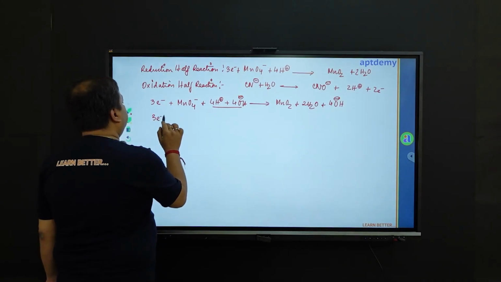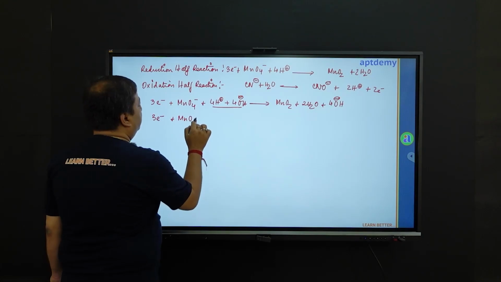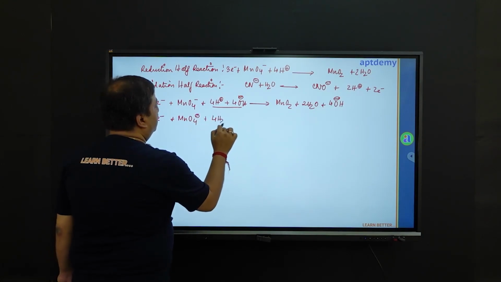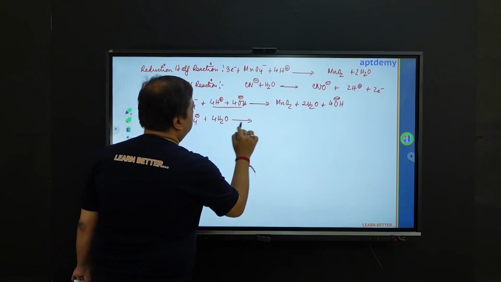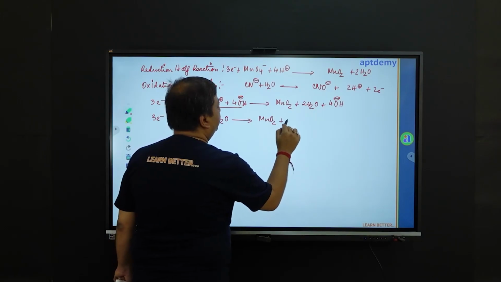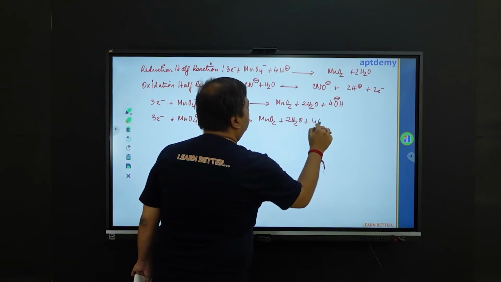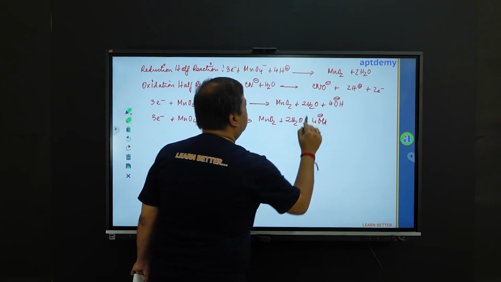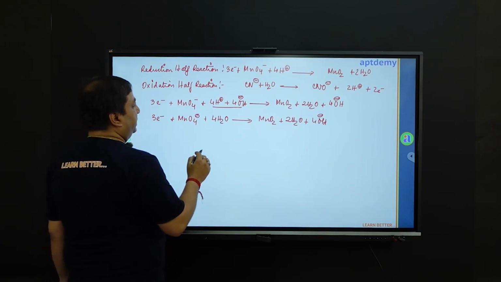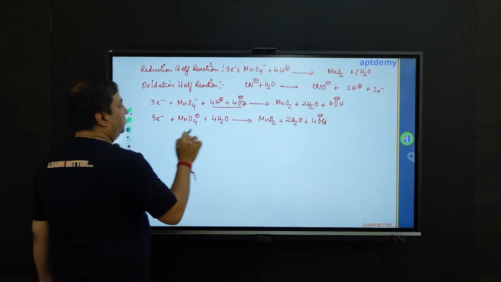So 3 electrons, MnO4 minus, 4H2O, gives MnO2, 2H2O, 4OH minus. Within this step we will cancel out the water molecules that appear on both sides.